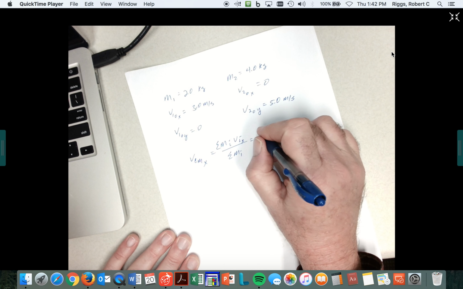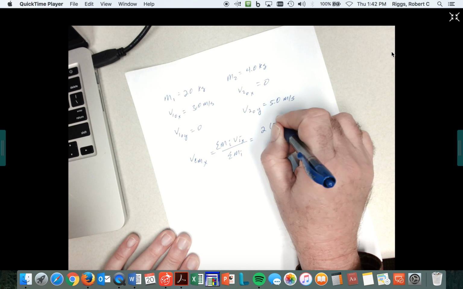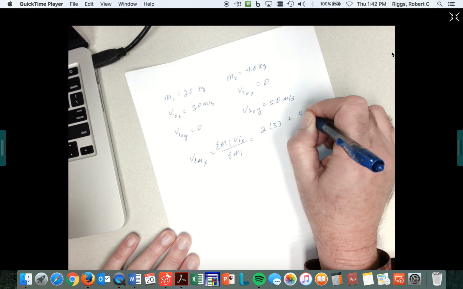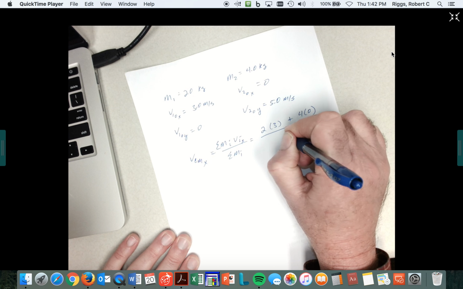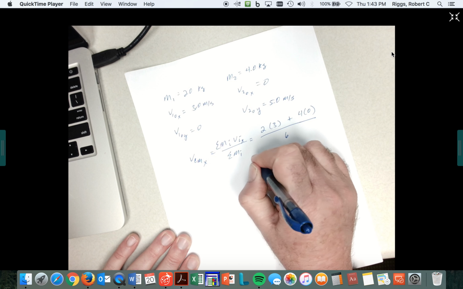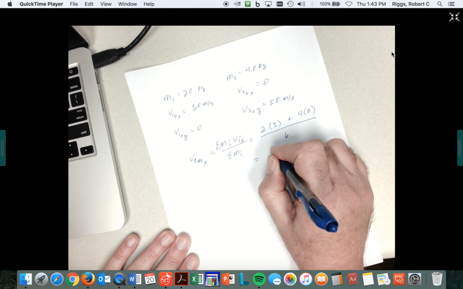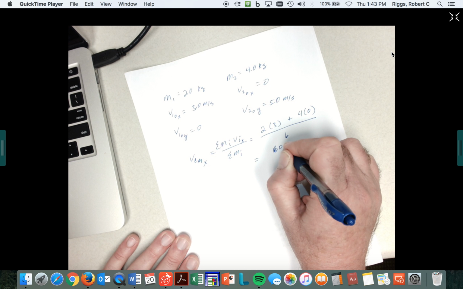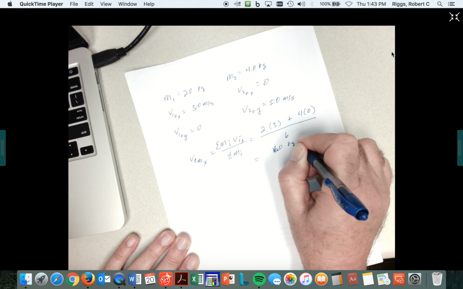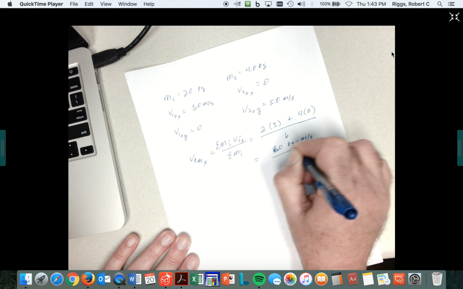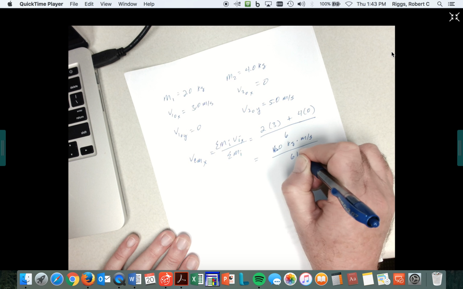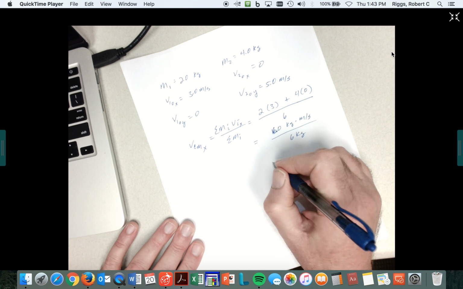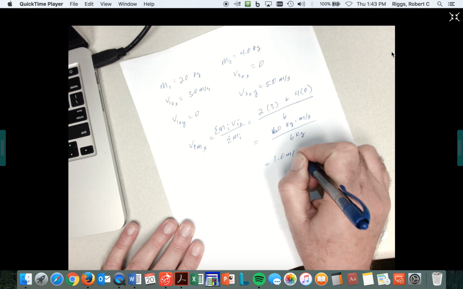So we've got 2 times 3 plus 4 times 0, divided by 6. Oh, this is nice. So we've got 6.0 kilogram meters per second up above divided by 6 kilograms down below. And so that comes out to 1.0 meters per second.